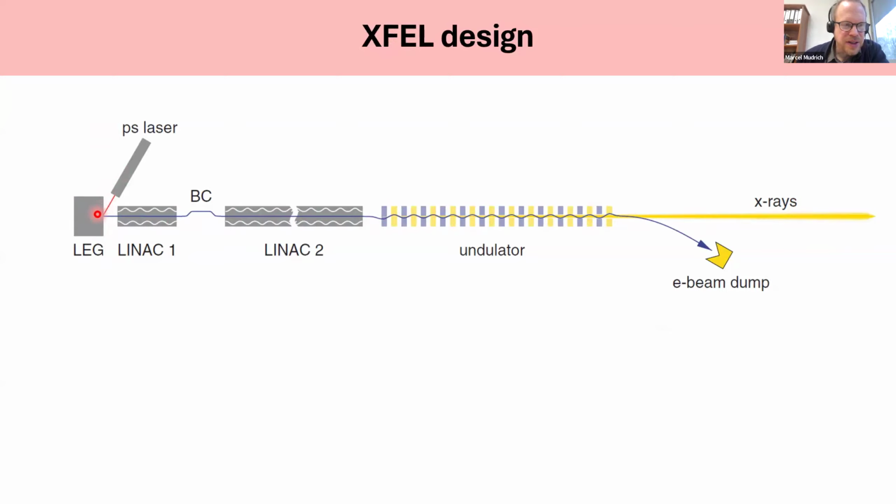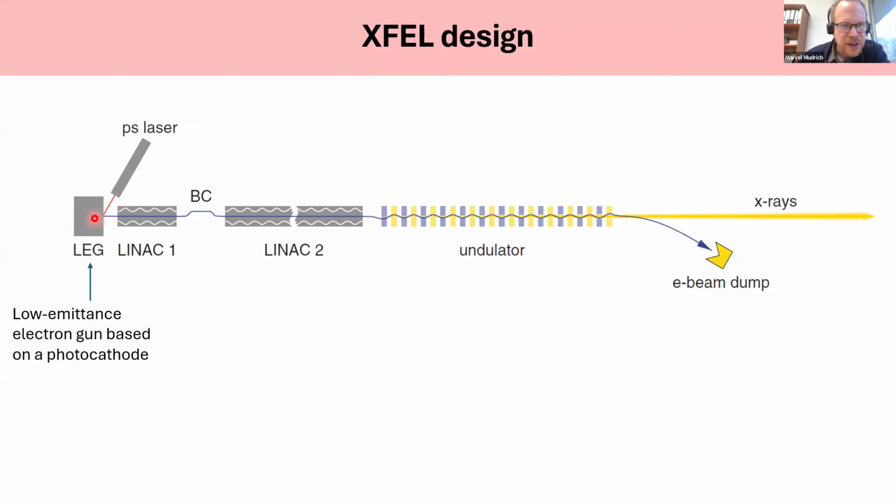It's not just some thermionic emission out of a hot wire, like a glowing cathode type of electron gun, but since we want as short and as intense electron bunches right from the beginning, the best way is to start with what is called a low emittance electron gun based on a photocathode.